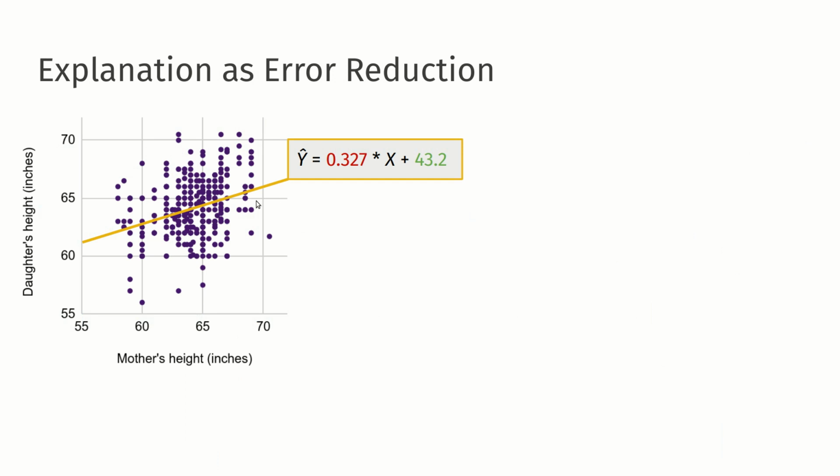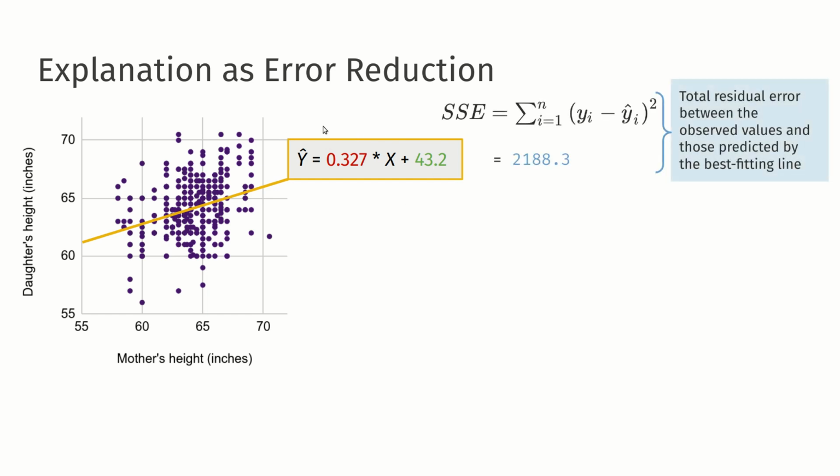When we first encountered linear regression, we used this example from Francis Galton, where he was interested in predicting the height of children from the height of their parents. And we found that this was the equation that described that relationship.